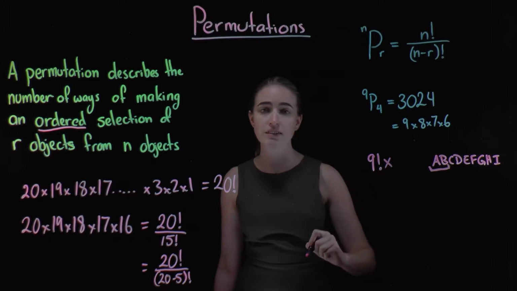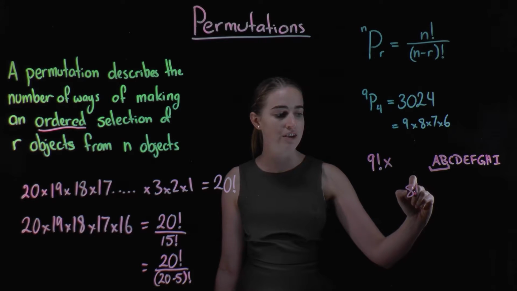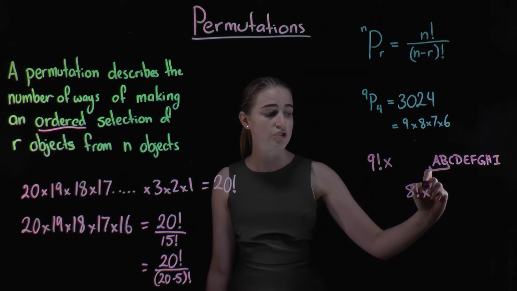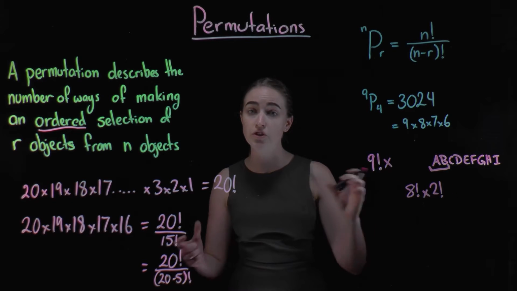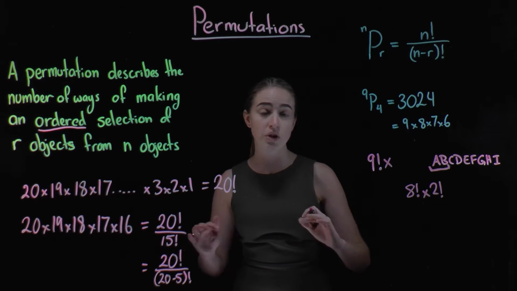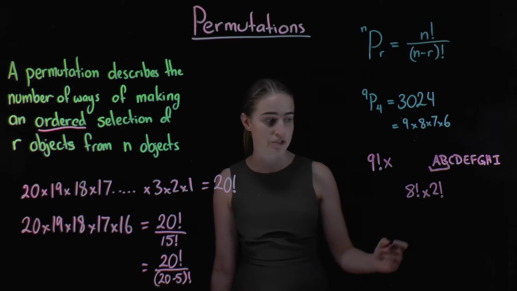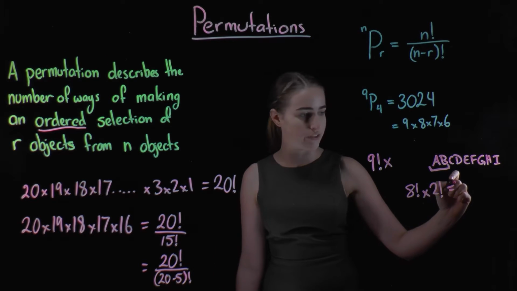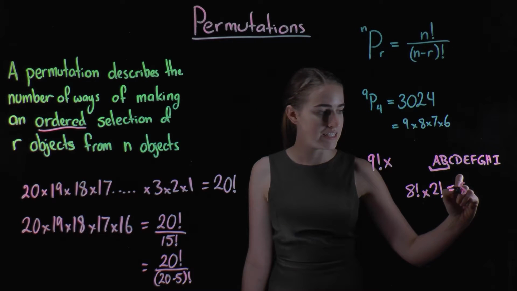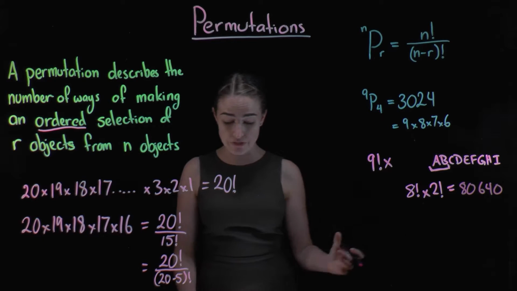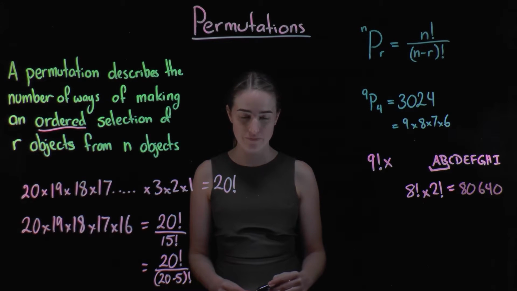So instead of doing 9 factorial, we're going to have 8 factorial. But within those 2, there's 2 factorial different ways that we could arrange that couple. We could have AB or we could have BA. So now we've got 8 factorial times 2 factorial, and that is going to give us 80,640 possible different arrangements for those friends.